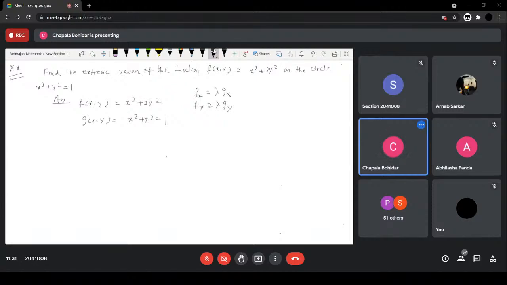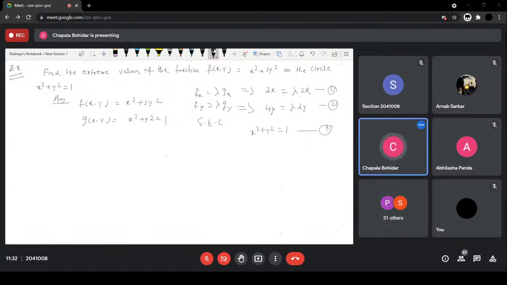So f_x is 2x, equal to lambda g_x, that is lambda 2x. And f_y is 4y, equal to lambda g_y, that is lambda 2y. Equations 1 and 2, and the constraint is equation 3: x square plus y square is equal to 1.